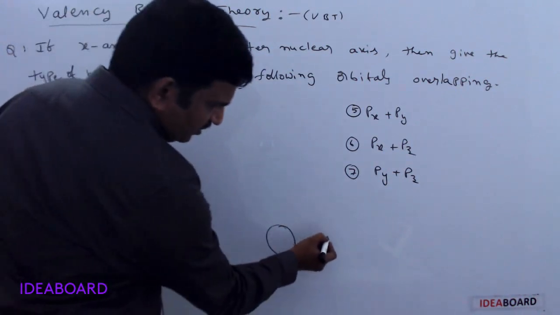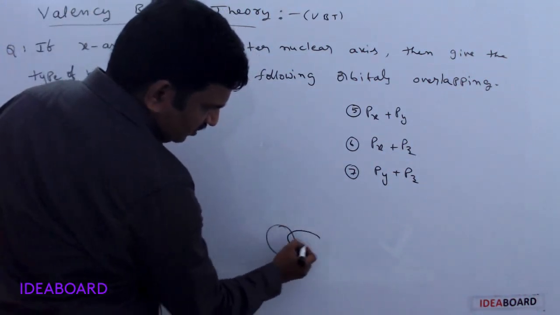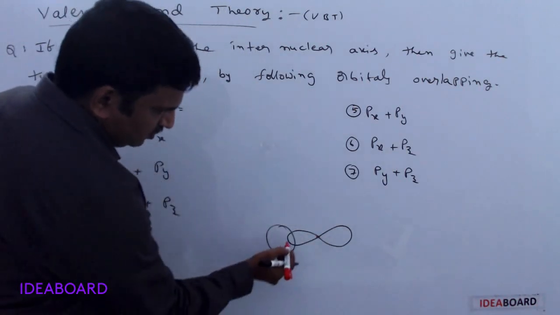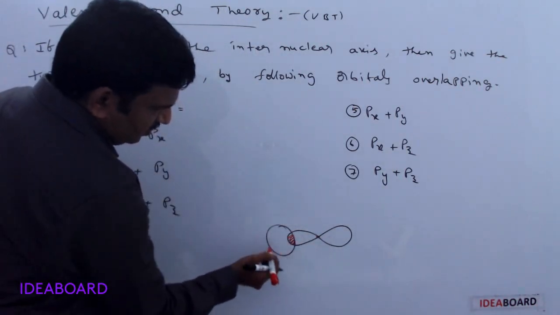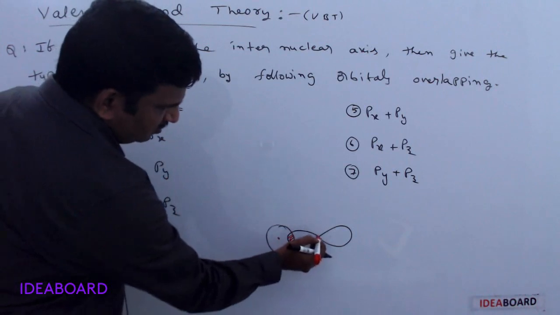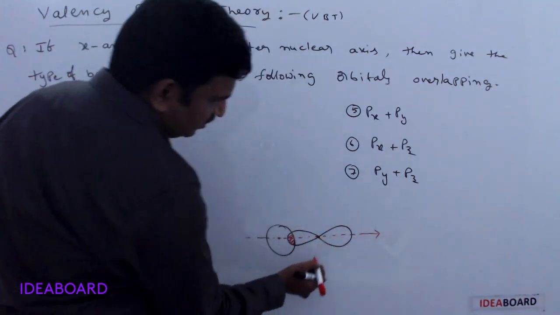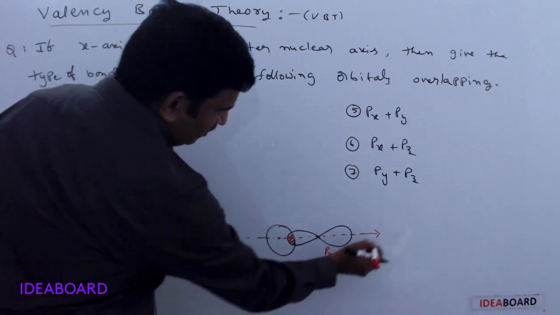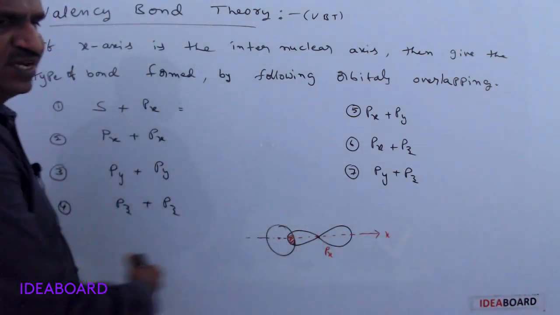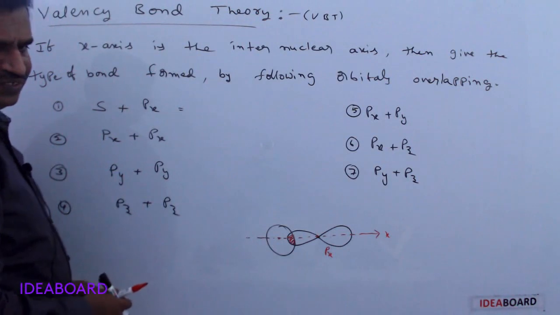The px orbital means this is the px orbital overlapping. So this is the overlapped area. Generally, this is a nucleus and this is a nucleus, for example, and this is the internuclear axis, and this is suppose the px orbital, and the x axis is the internuclear axis.